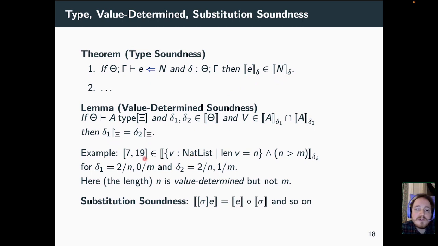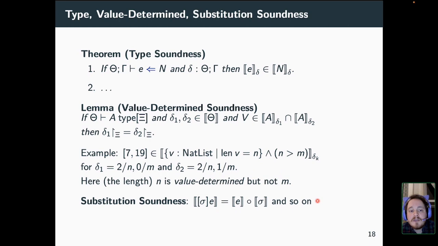So, for example, this value, a list containing 7 and 19, determines this index n to be 2. Uniquely determines it to be 2, semantically speaking. However, the index m can be either 0 or 1, so we don't say that's value-determined. We also prove that substitution soundness holds, which says that syntactic and semantic substitution commute.